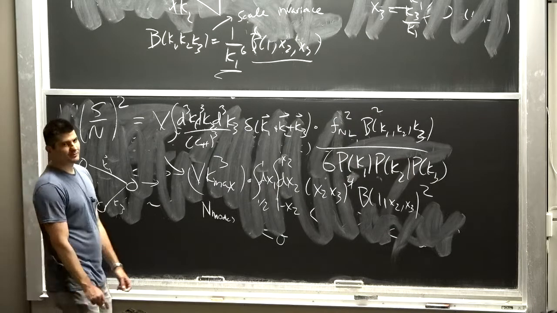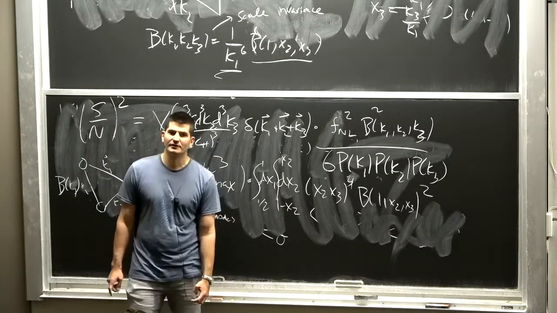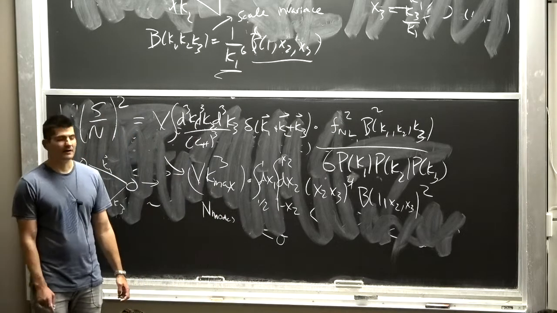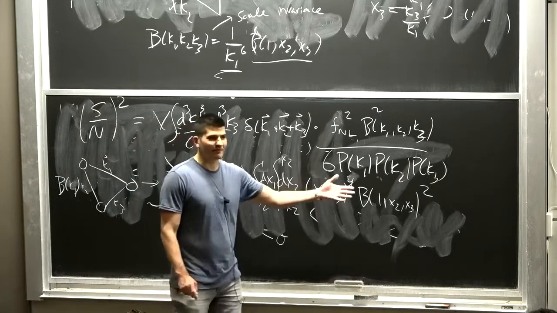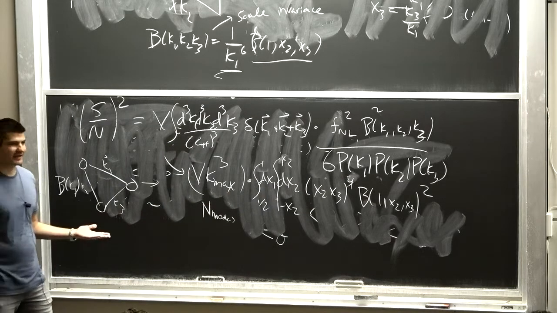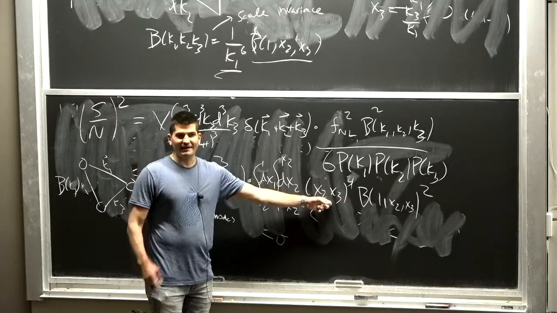So, but what happens when I squeeze the size of the triangle? Why do I get less information in those triangles? So it's actually just that there's not as many modes, right? I'm taking one of the momenta to 0, and as we said, the number of modes is related to the length of the momenta. So if I take a momenta that's at k min, I have one of those, right?